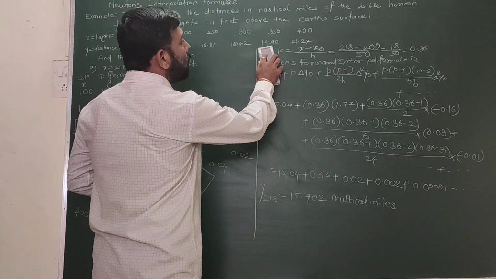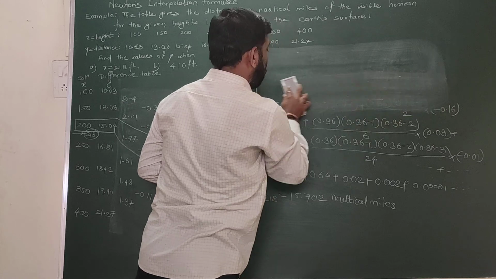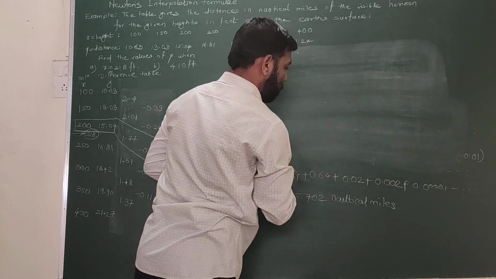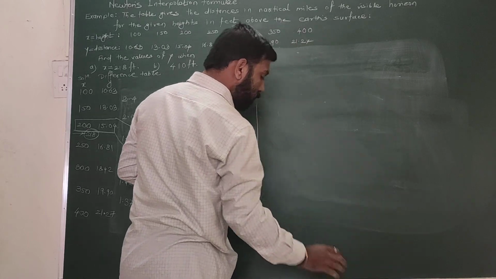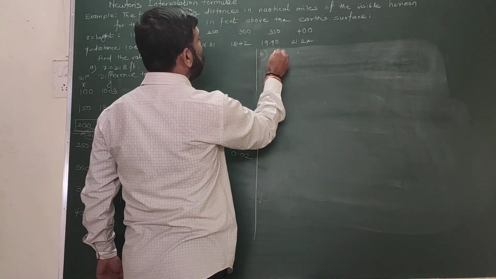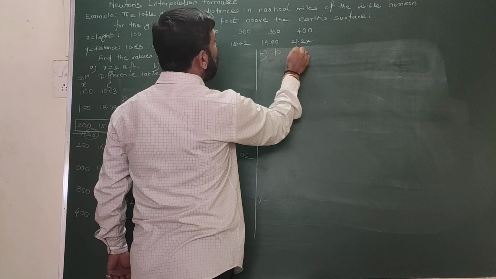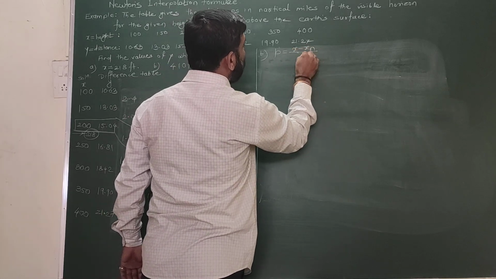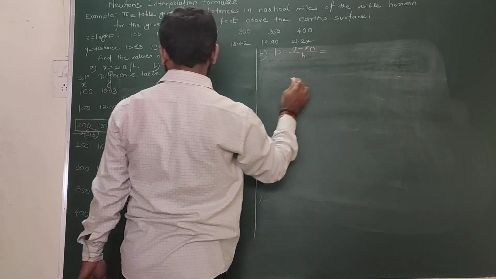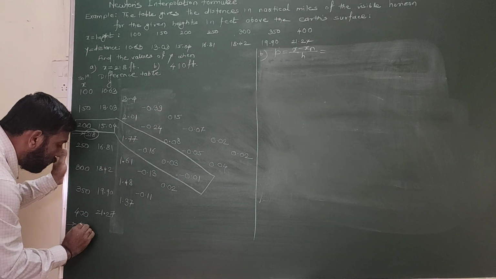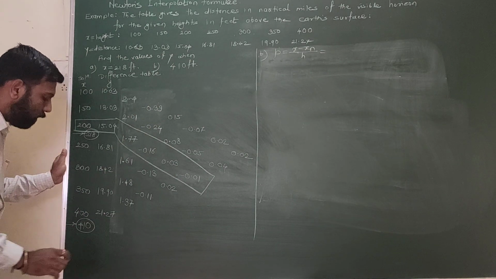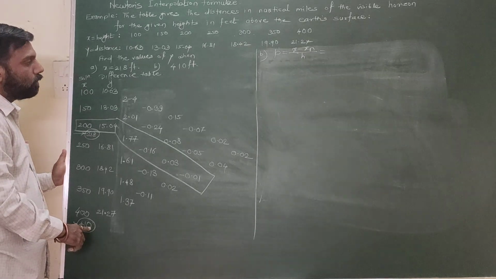Now we will discuss the second value. In the second value, value of p is x minus xn upon h, x value 410. So it is the last value in the table, 410.